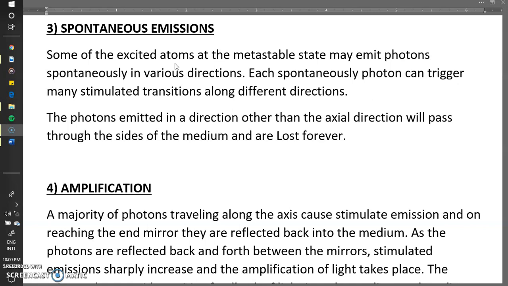However, the photons which are emitted in a direction other than the axial direction, that is the optical axis, will pass through the sides of the medium and are lost. So only the photons which are emitted in the axial direction will be useful.